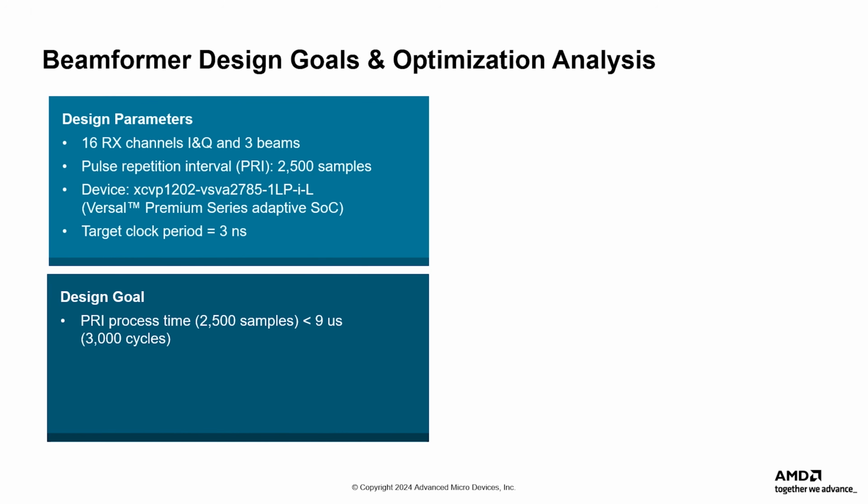At a 3 nanosecond clock period, or approximately 333.3 megahertz, this calculates to a maximum interval of 3,000 clock cycles. The loop bounds of loop L1 in the code indicate 2,500 iterations, with each iteration taking 2 clock cycles. Thus, the loop interval will take a minimum of 5,000 clock cycles.